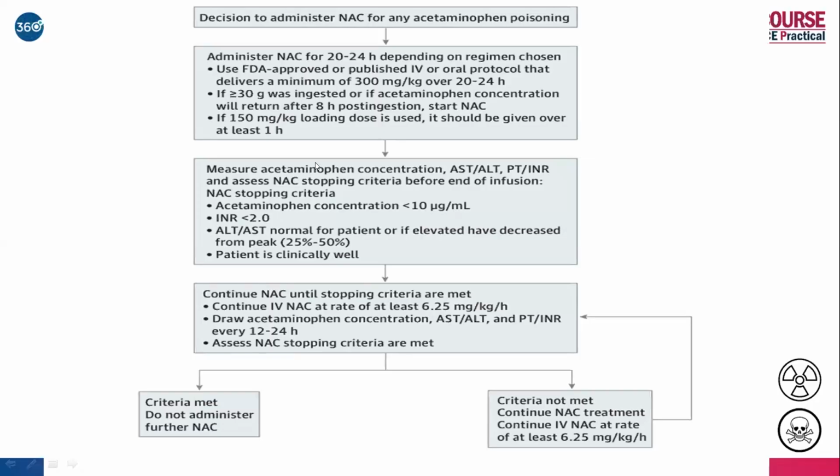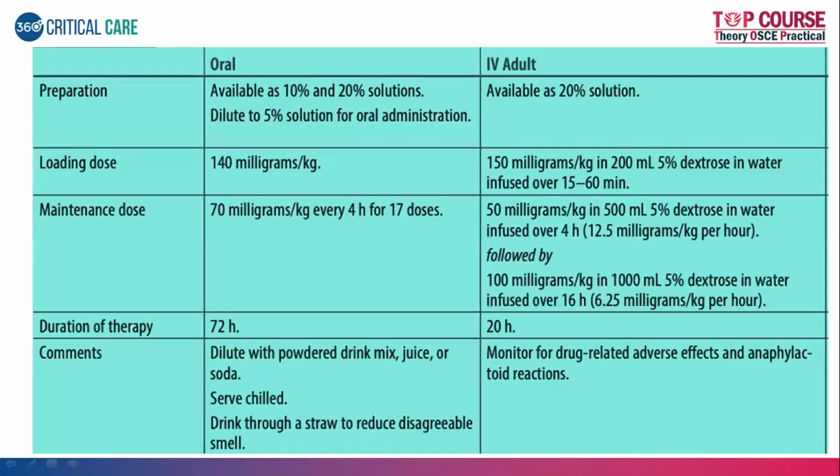Okay, if all these criteria are met, then you can stop your NAC. If not met, you can give your extended NAC. In your extended NAC, what you give is 100 milligram per kg over 16 hours. This is the dose you give in the extended NAC.